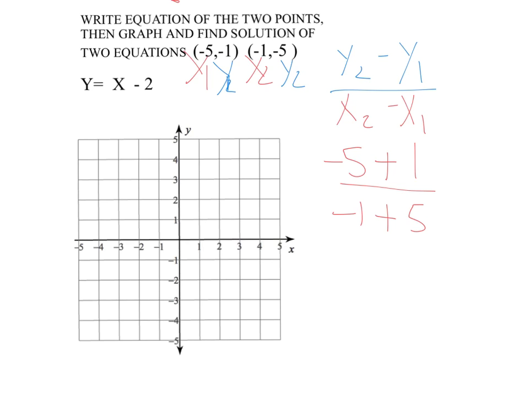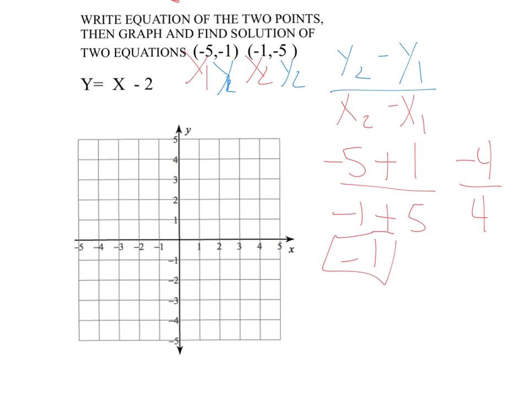And then we add, so we have negative 5 plus 1, negative 4, and then over negative 1 plus 5 should give us 4, and then we simplify the fraction, negative 1 over 1, or just negative 1. So that is our slope.